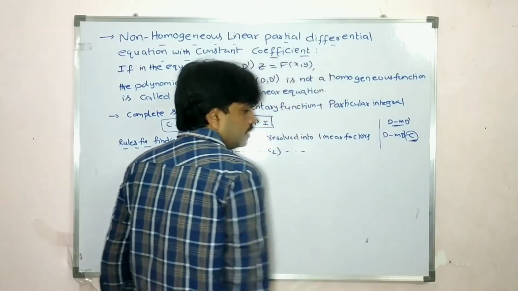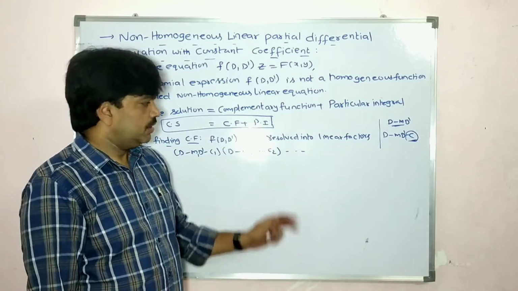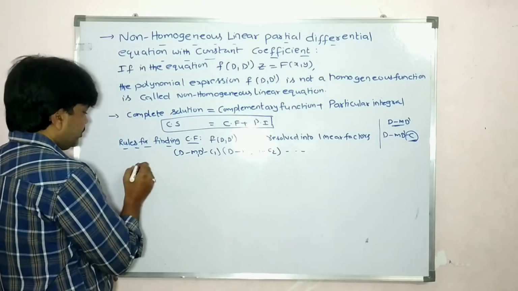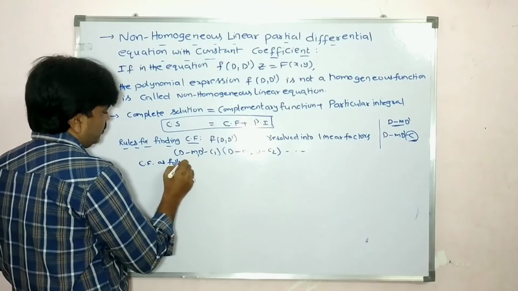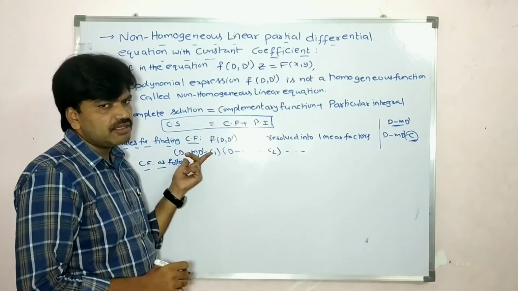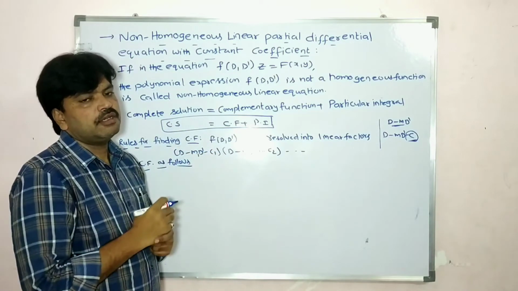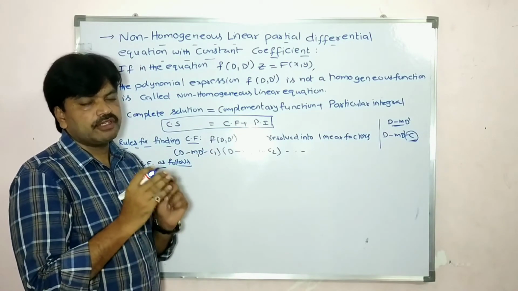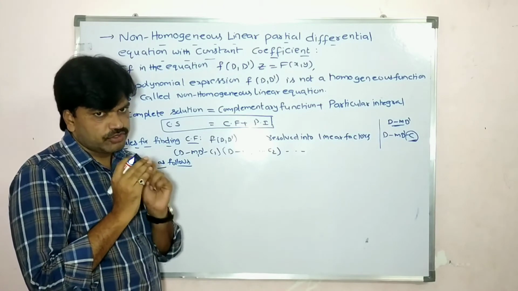Minus c. Then the complementary function is as follows. Actually, we can apply Lagrange's linear equation here, by applying the method of multipliers or method of grouping. But I want to discuss the complementary function solution directly.